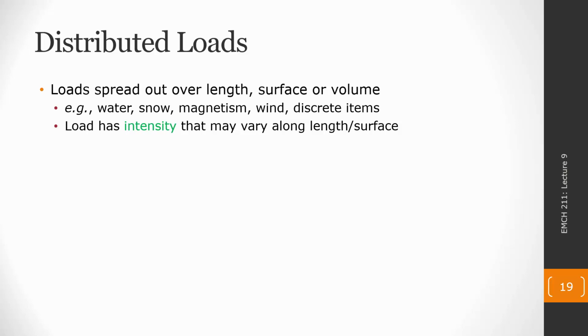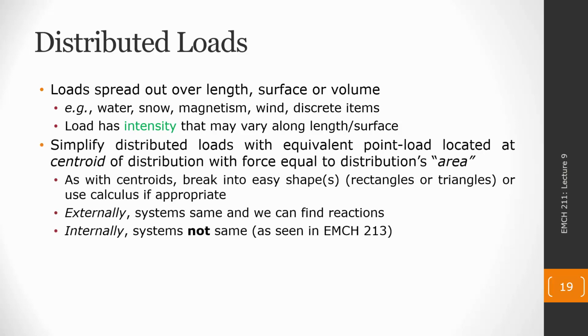If we know the intensity of our loading and we know how long it's acting on, we're going to be able to simplify this just like it were an area problem or a volume problem, so that we can find the equivalent load, which is going to be equivalent to the area or the volume of our loading intensity.